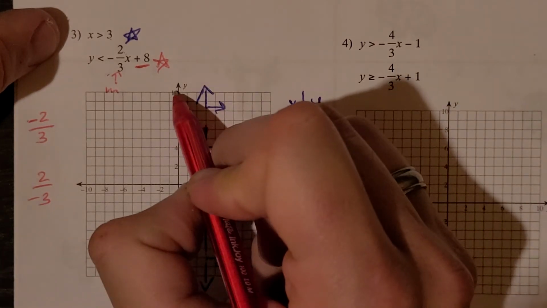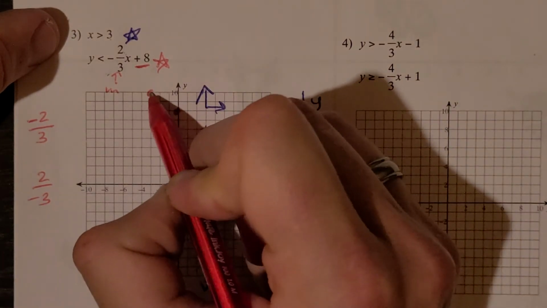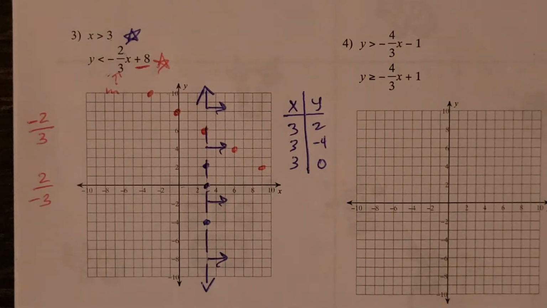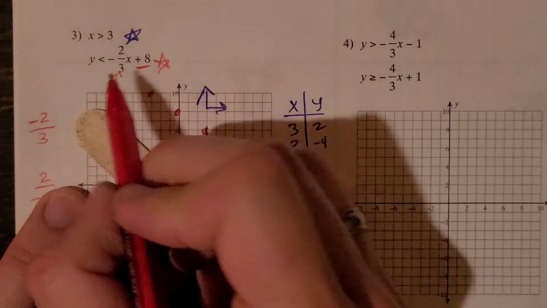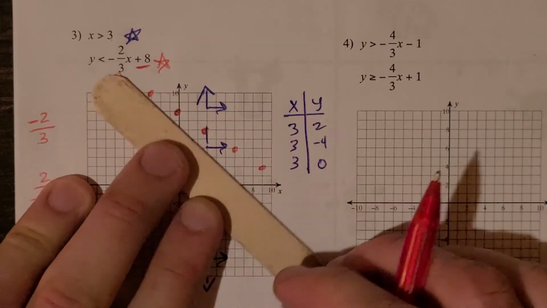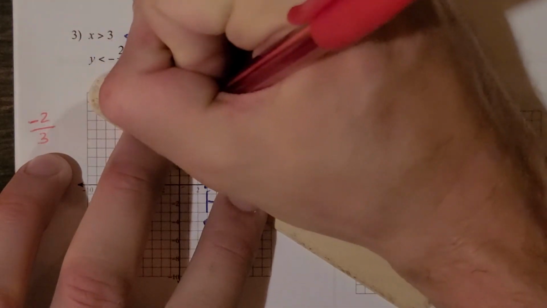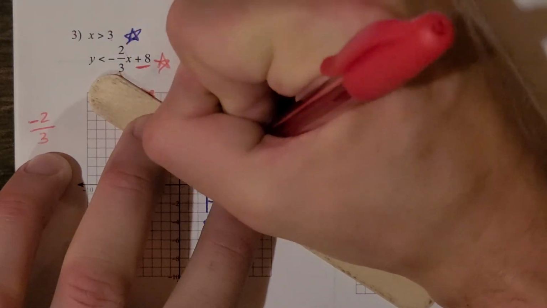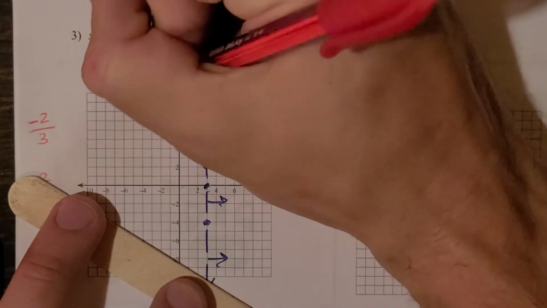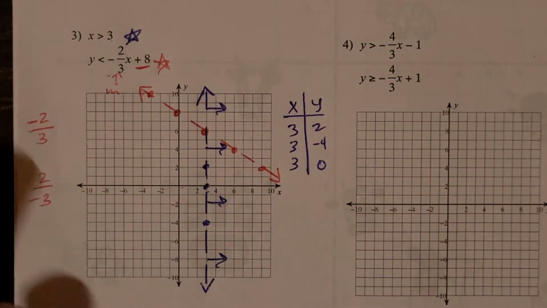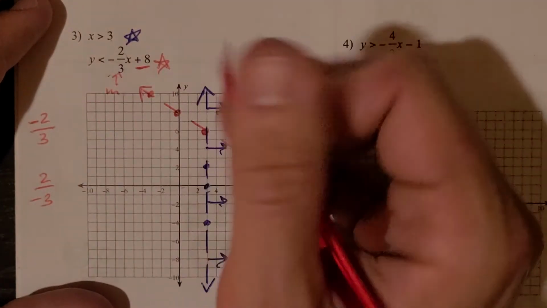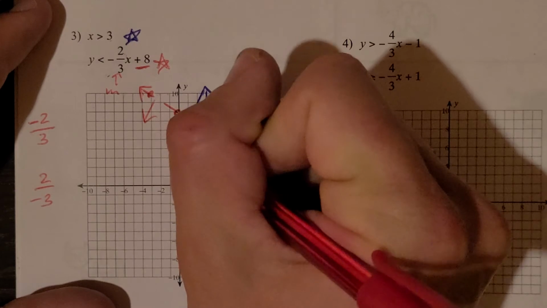So I would go up 2, left 3. Notice it's still in line with all the other dots. Hopefully you also notice, again, there's no line here, so I actually have 2 dotted lines, which is fine. Nothing wrong with that. Okay. And then, since it says less than, that means I would shade below.